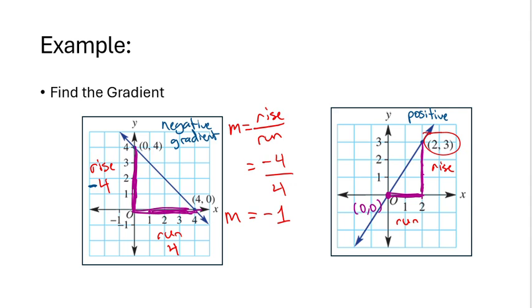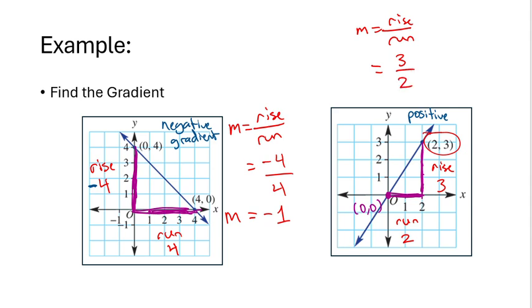So let's just find what the gradient is. So m equals rise over run. We need to find the rise first. So the height of the triangle, 1, 2, 3. Your run, the base of the triangle, is 1, 2.